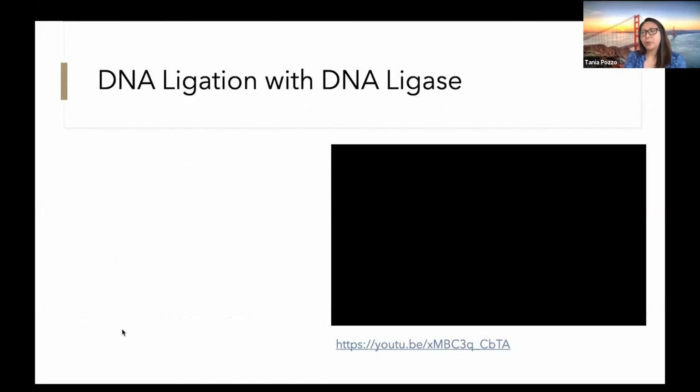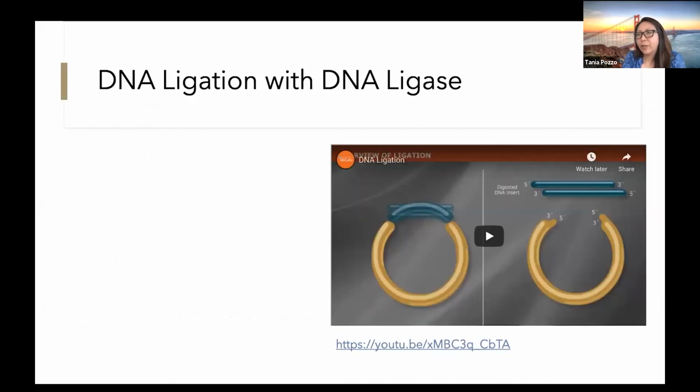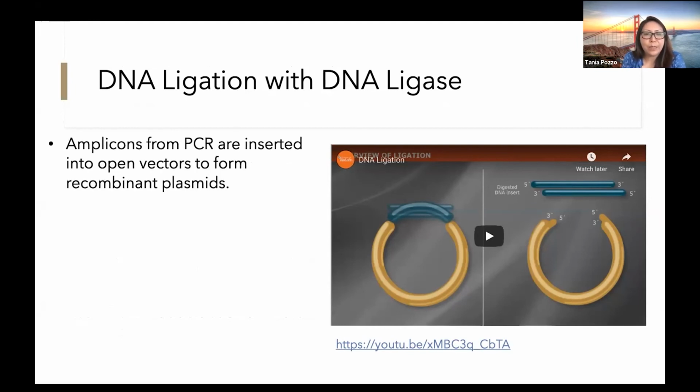In contrast to restriction digestion, there are also molecular techniques that join separate ends of DNA together. A common way to do this is using the DNA ligases, where amplicons from PCR are inserted into open vectors to form recombinant plasmids using DNA ligase.